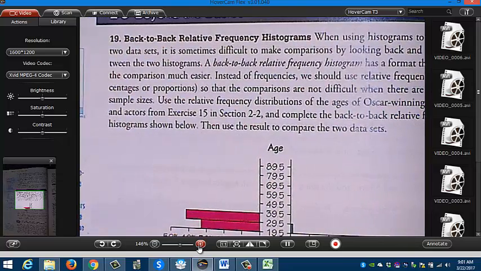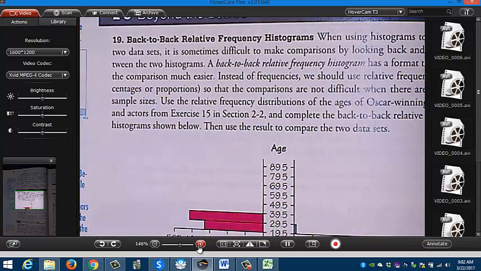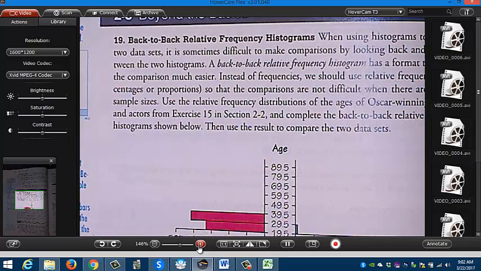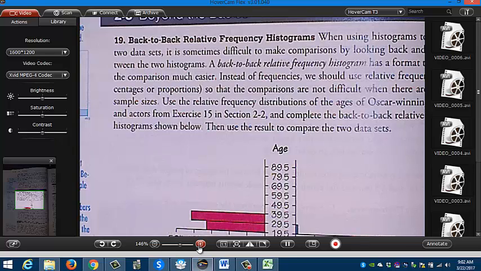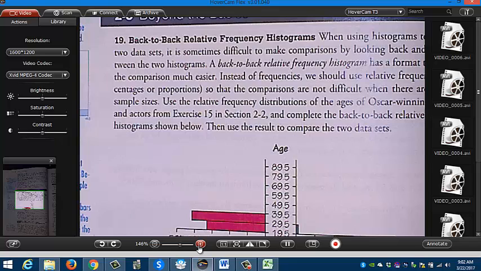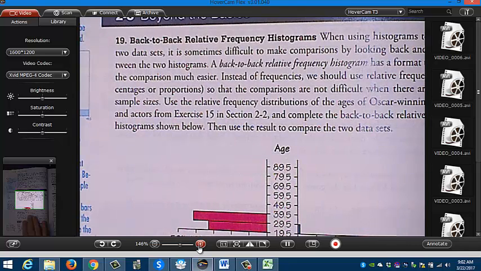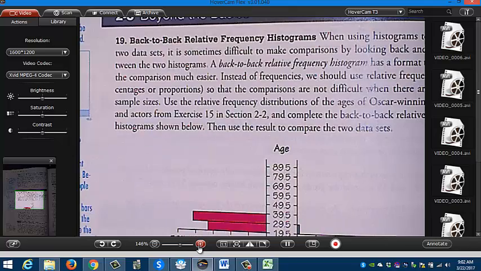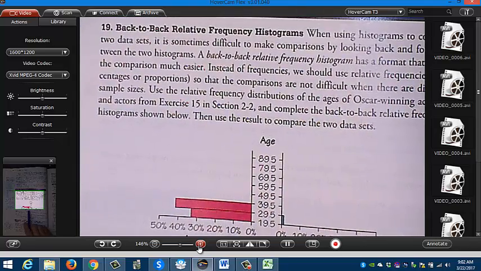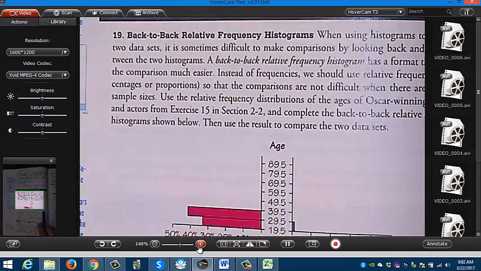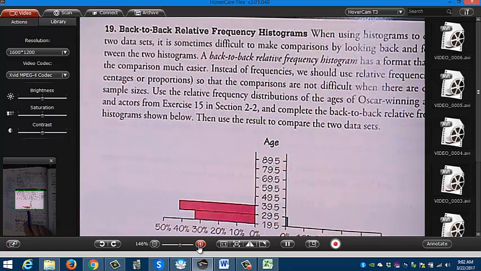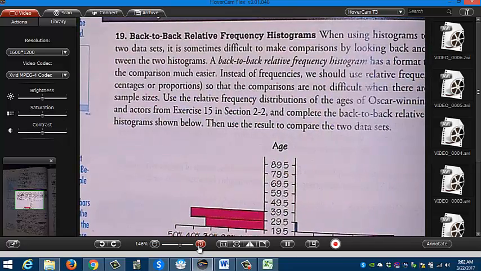Okay? So, just so you guys understand, I don't think I've talked yet about relative frequency. And so I think maybe this is a good time to do that. And then maybe this will make sense. But you'll notice that the axes of the bars, instead of being frequencies, we have percentages.